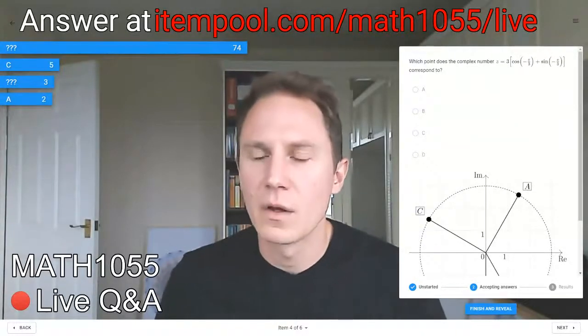So in order to see where a complex number is, you are given the polar form, which is, again, there is a typo. There should be an i, an imaginary unit, multiplying the sine of negative pi over 3.